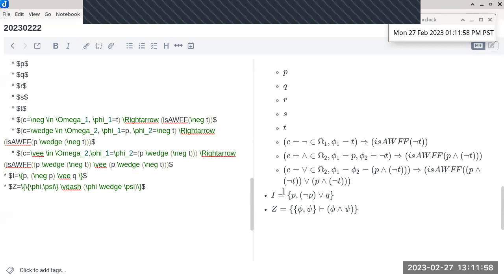No, it can be anything that is known to be true at this point. So give me a well-formed formula that is known to be true, and we'll use the variable phi to represent it. Give me a well-formed formula that is known to be true right now, and they can be the same. And I'll call that psi at this point.